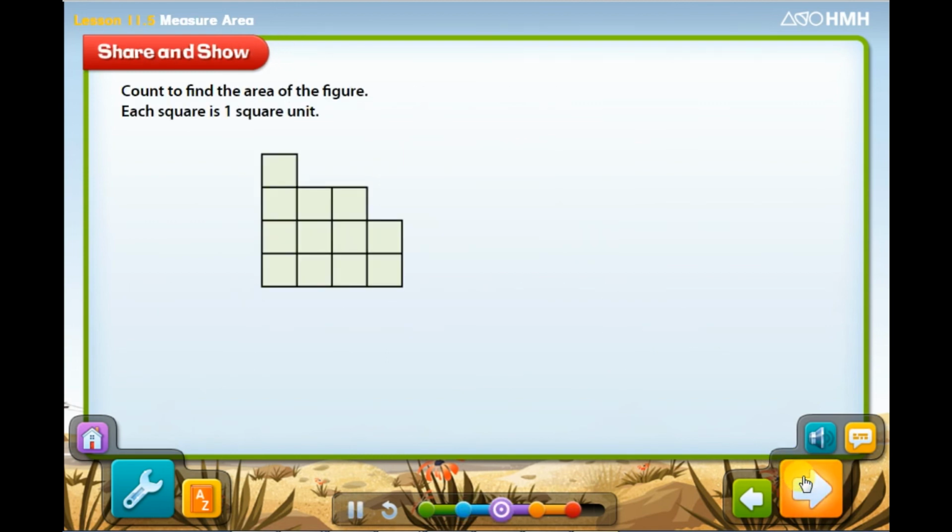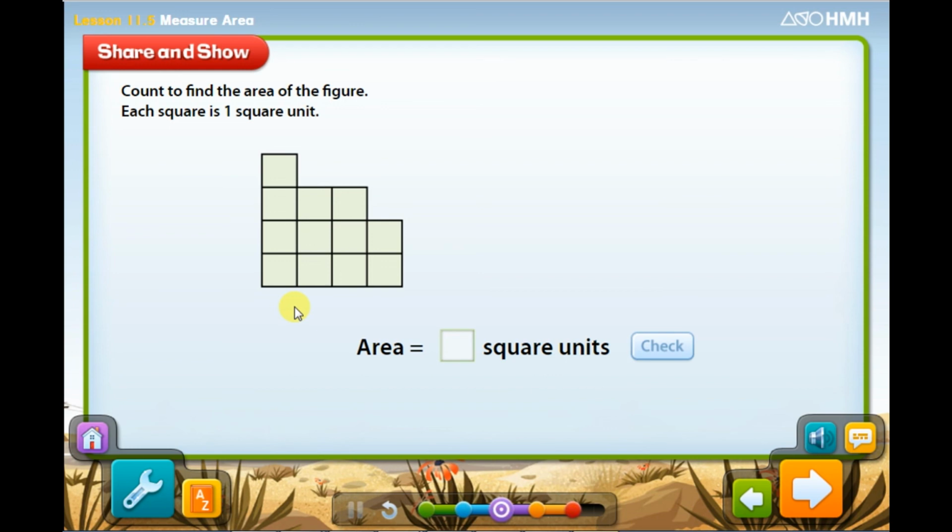How many unit squares are in the figure? Okay, we said the area is how many square units cover the shape without gaps or overlaps. So now all the squares are covering this shape without gaps, yes, and without overlaps, yes.